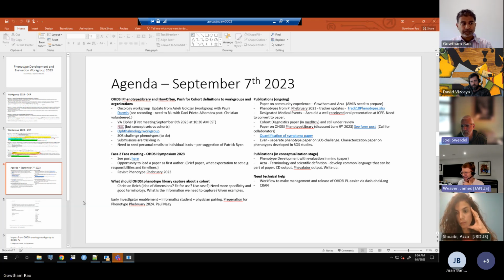I'm surprised and pleased to hear that it has a cohort exit type criteria, because that's not common outside of the OHDSI community.